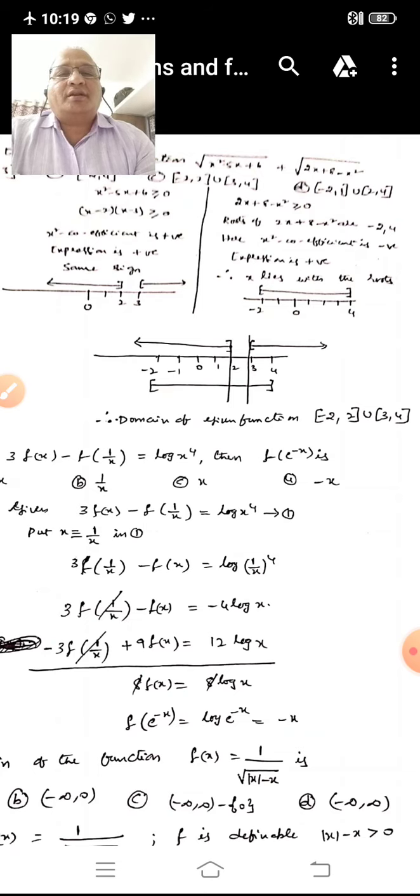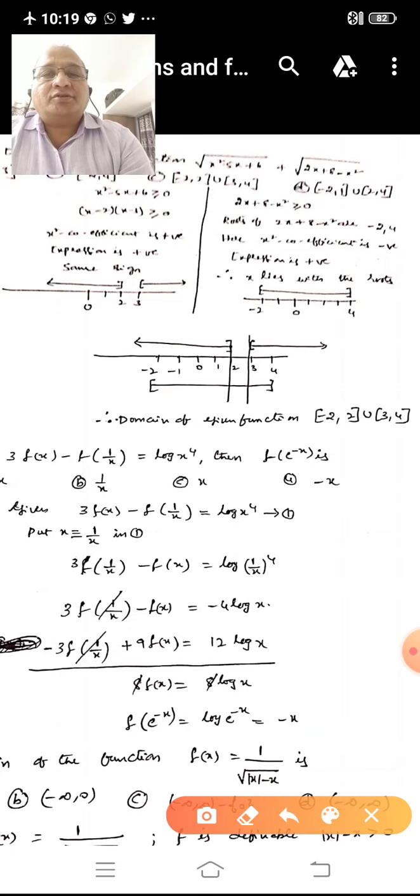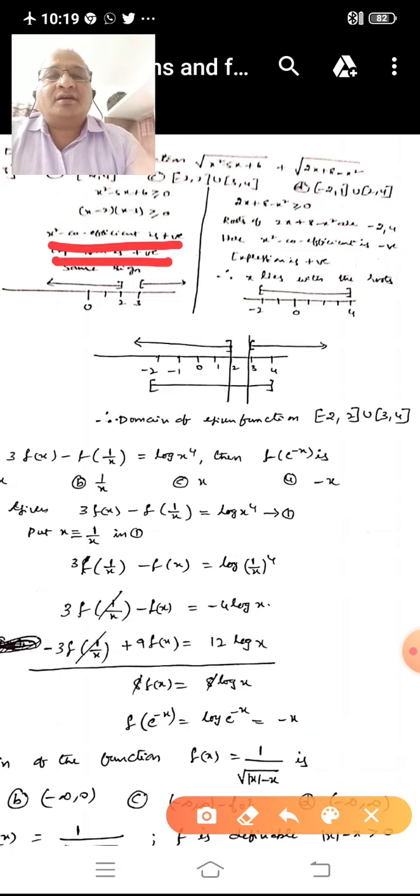In the numerator 0 is also defined, but the value under the root must be positive to get real values. So first take the first expression, x square minus 5x plus 6, which is greater than or equal to 0. Means the expression is positive and the x square coefficient is positive. When both have the same signs, the value of x does not lie in between the roots.